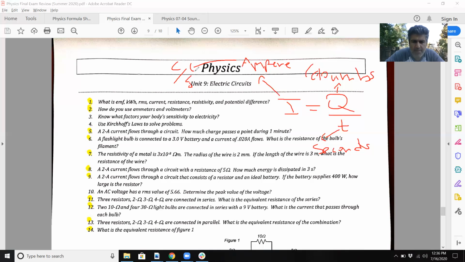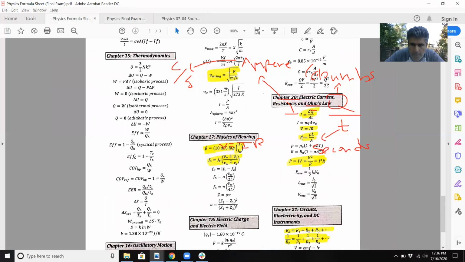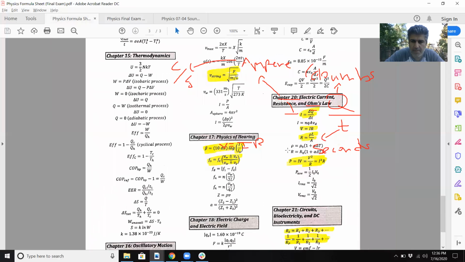6 is easy. V equals IR. We know this. For resistivity, we have a formula for that. That's right here. Capital R equals little p, sometimes we call that rho, the Greek letter, times capital L, the length of the wire, divided by A, the cross-sectional area of the wire. 8, if you're looking for energy, you can take the power and multiply by time.